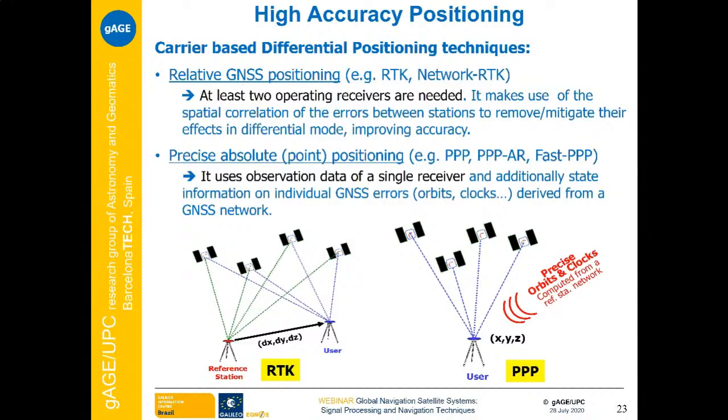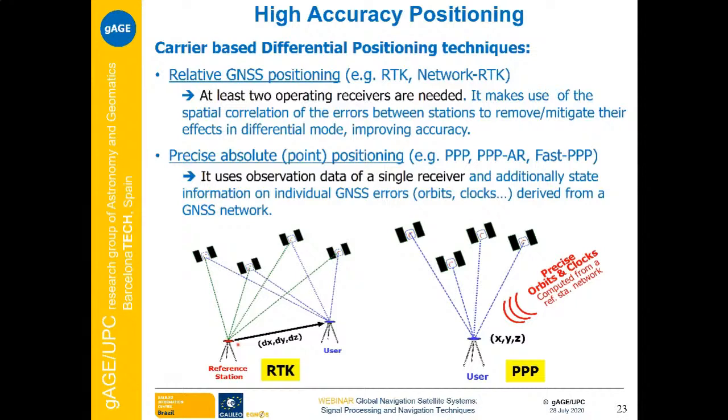RTK is illustrated in this figure, and in this case we need at least two receivers. We need a reference station and a user receiver, and we estimate the baseline between reference station and user receiver. The idea is the same as before: users in reference station and user in a local area see similar errors, and these errors cancel in differential mode.